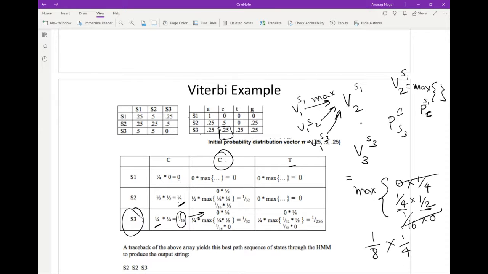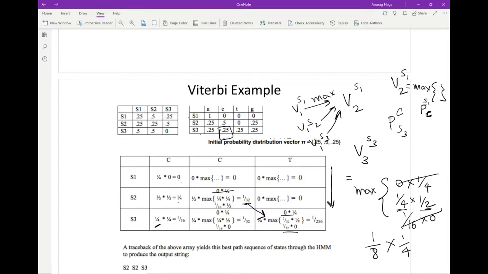Similarly, you keep filling the entries of the table. When you are done, you look at the last one and say which one is the largest. I'm going to say this is the largest. Now let us trace back the steps from here. How did I get here? This is 0, this is 0, so obviously I got here by this jump. Then 1 over 32, how did I get here?